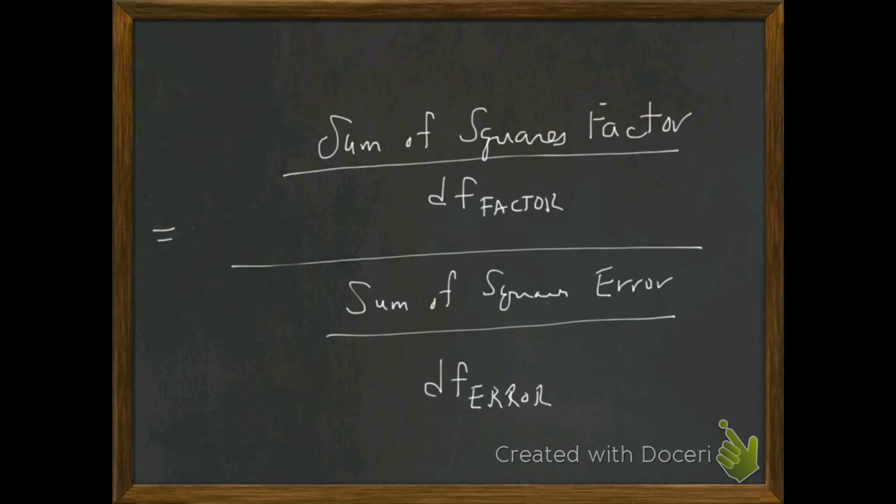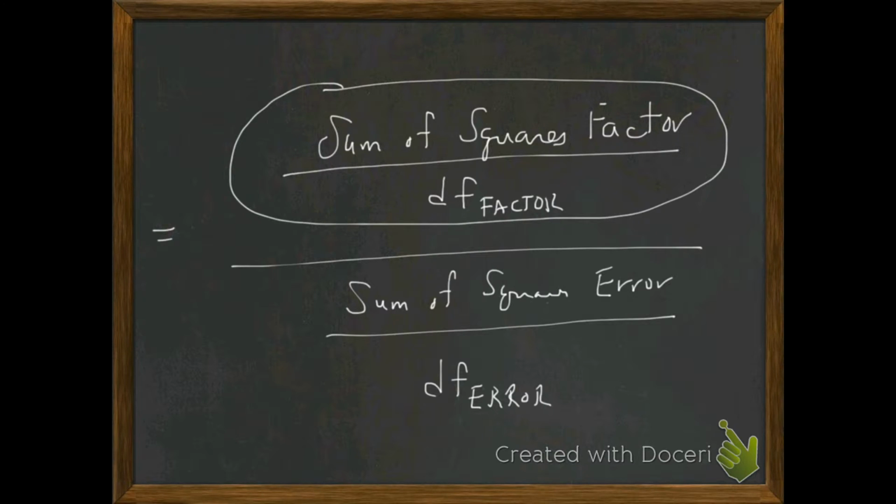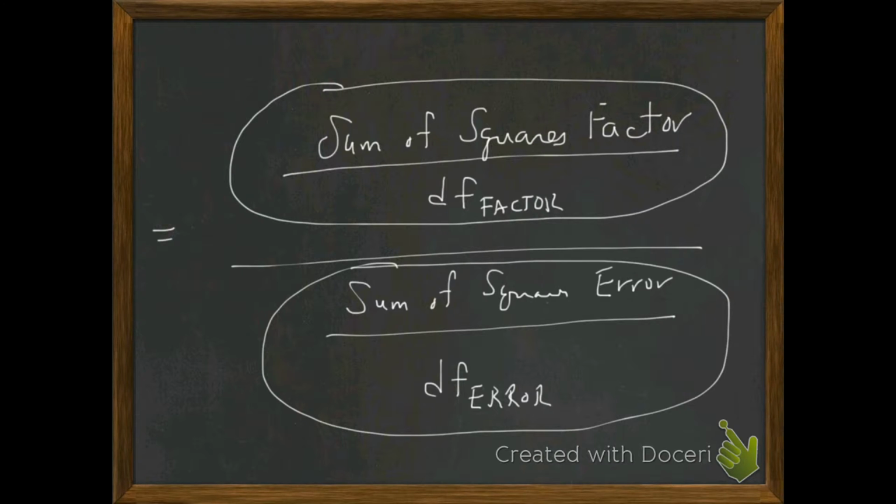So again, this is a ratio of the variances between and within. This part up here is called the mean square. So the sum of squares divided by the degrees of freedom for the factor is called the mean square factor. And in the denominator, the sum of squares for the error divided by its degrees of freedom is equal to the mean square error term.